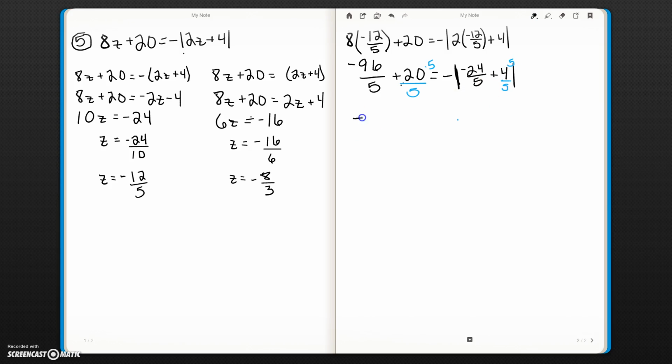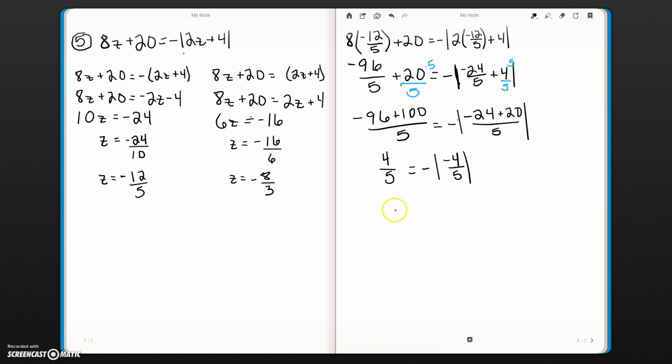So we got negative 96 plus 100 all over 5 equals negative absolute value. 4 times 5 is 20, so it's negative 24 plus 20 all over 5. Negative 96 plus 100 is 4 fifths equals negative absolute value of this, which is negative 4 fifths.